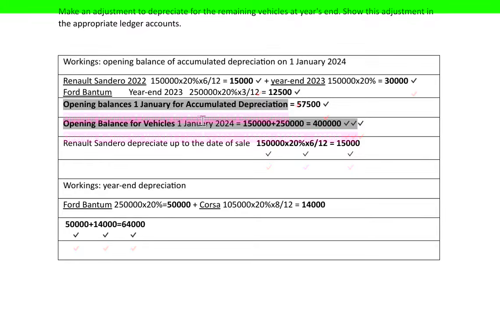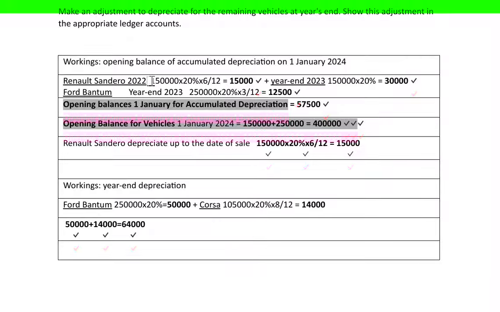So now the Renault Sandero, it's actually the 3rd year that we have it, but we only want the accumulated depreciation up until year end 2023, because the opening balance we want is on the 1st of January. It's the start of the current year that we're reporting on.